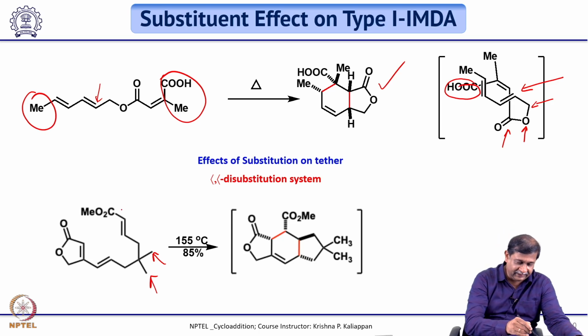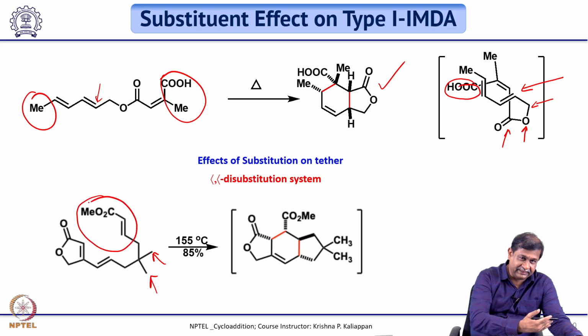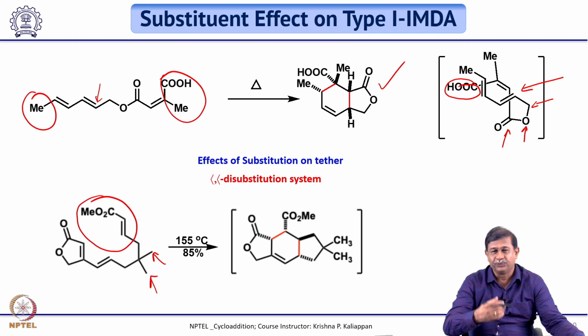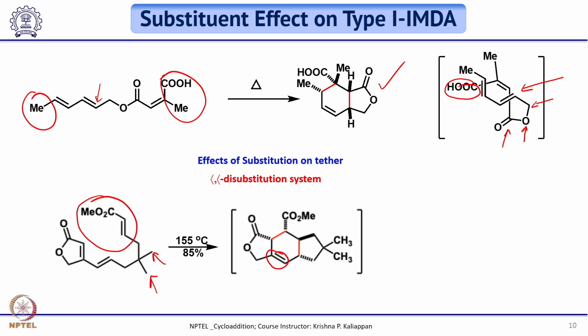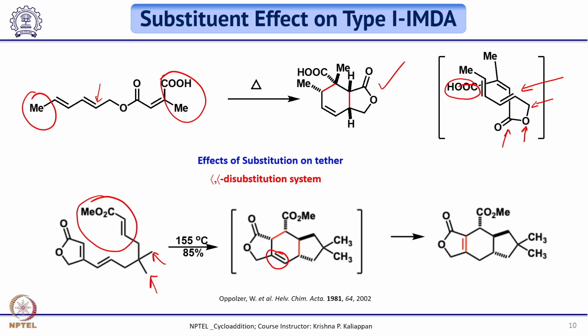You can see the diene, and this dienophile will come in such a way that the ester will be under the diene, and now this double bond is beta gamma unsaturated. So, this also in principle can migrate to the more stable alpha beta unsaturated lactone.